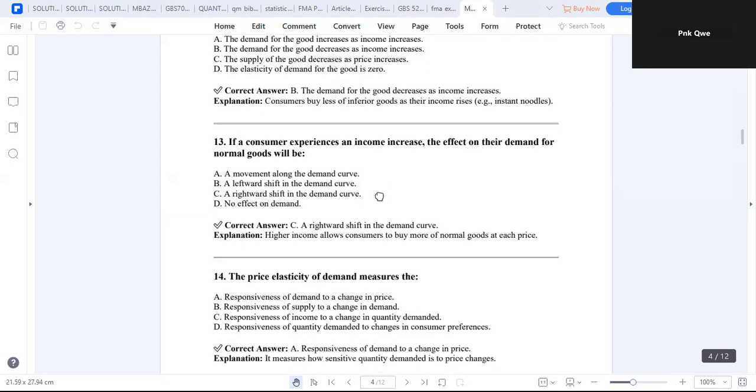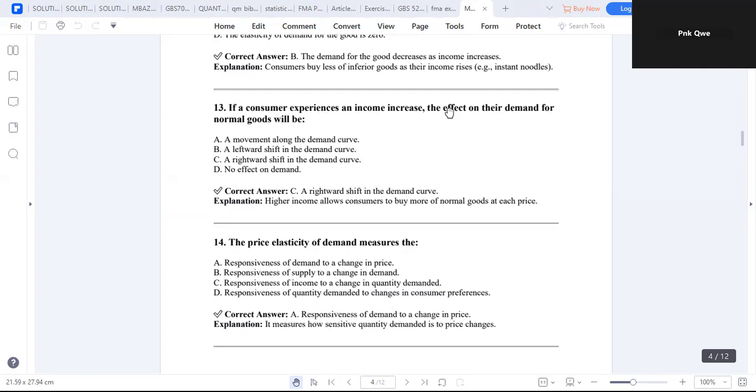Question number 13: if income increases, the effect on the demand for a normal good will be what? Here we're dealing with the income effect on normal goods. Higher income will allow us to buy more goods at every price, shifting the demand to the right. This is a non-price determinant.